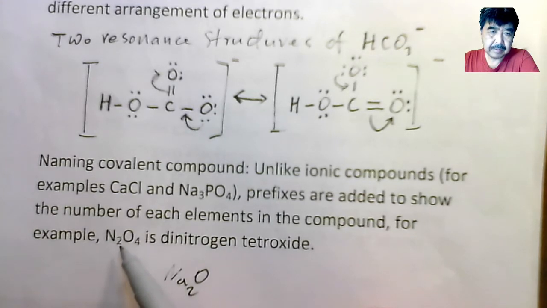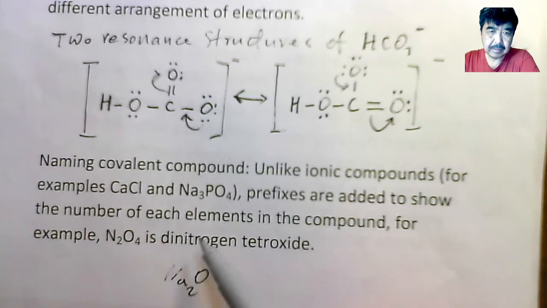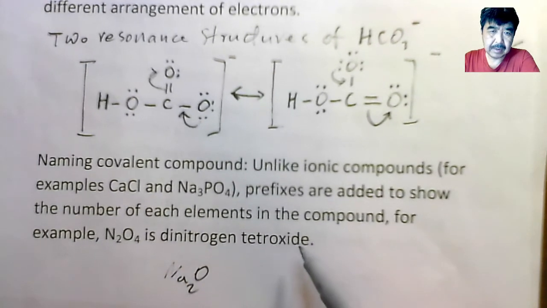We have 2 nitrogen and 4 oxygen, so we add the prefix di ahead of nitrogen and tetra ahead of oxide. The correct name should be dinitrogen tetraoxide.